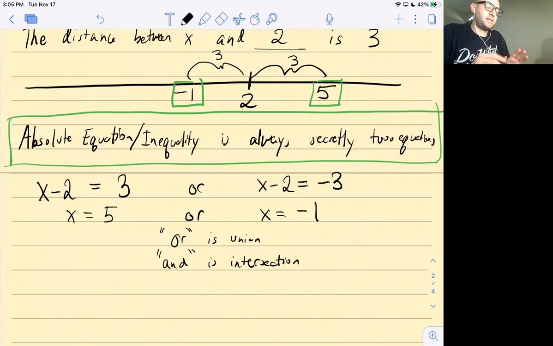So if I say I want x to be equal to 5 and I want x equal to -1, even though those are the two answers, with the word and, is there a number that's equal to 5 and also equal to -1 at the same time? So if you say and here, it's technically going to be incorrect, because that would mean there's nothing there, because there's no number that's 5 and -1 at the same time.